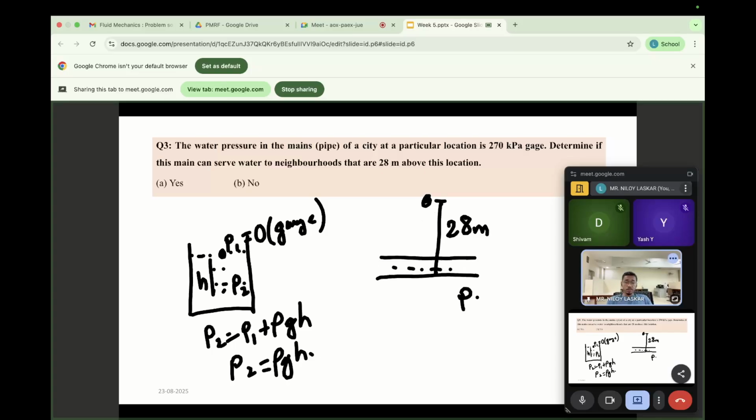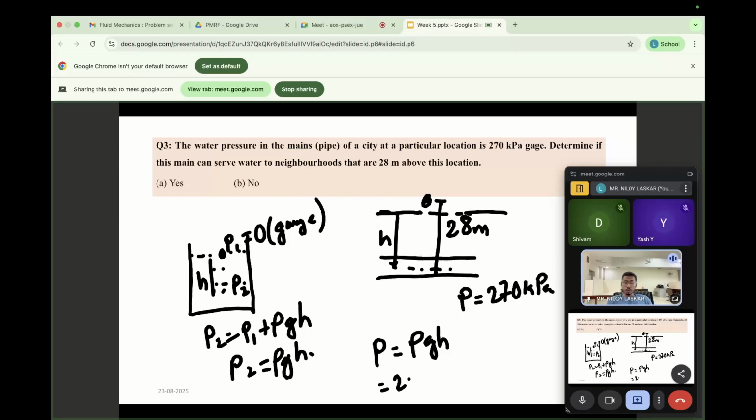The pressure at this pipe is given as 270 kilopascal gauge pressure. That means the reference pressure is considered as 0. I don't know which is the reference line, so say this is the reference line, and this is H. So I can write P equals rho g h.